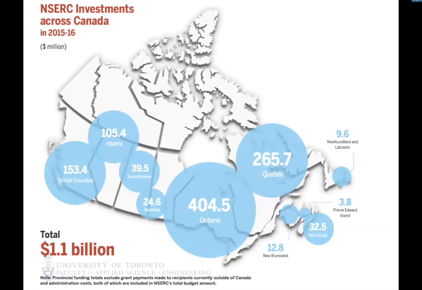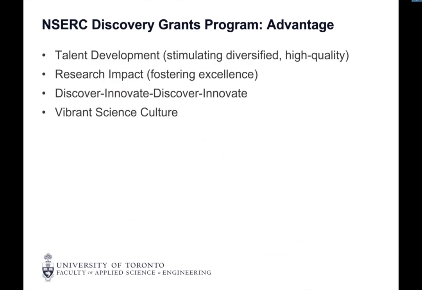NSERC really focuses on distributing the funding overall based on geographic population and concentration of academics. So you tend to have higher funding given to regions with larger schools and a higher concentration of schools. Now, the spirit behind NSERC really is to develop talent.